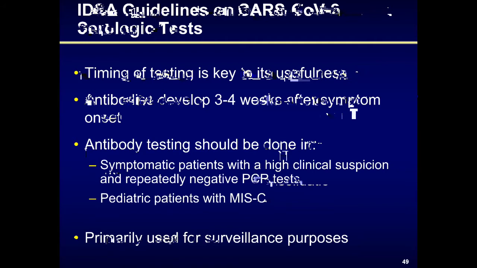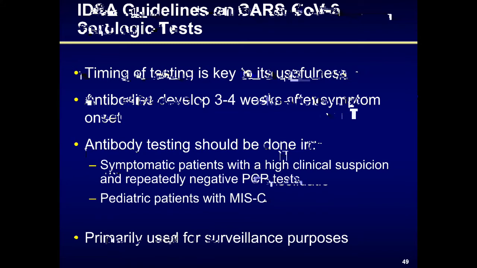Recently, the Infectious Diseases Society of America issued some guidelines on when to do serologic tests. And timing of the testing is very important in terms of how useful it can be, because antibodies don't begin to develop until several weeks after the symptom onset. And because of the problems that I mentioned, you don't necessarily always want to do antibody testing.